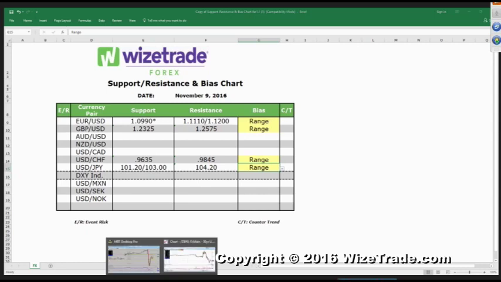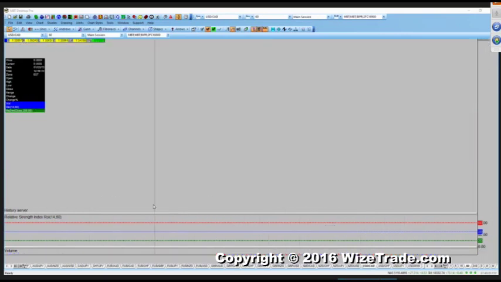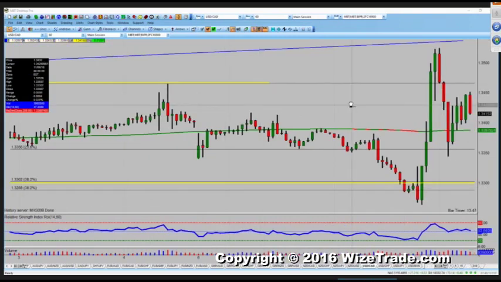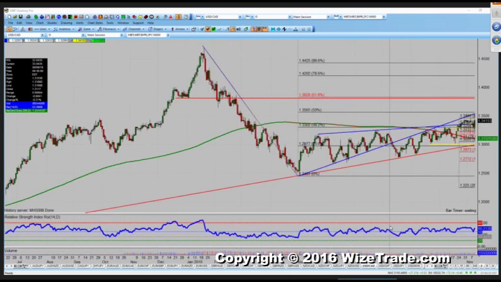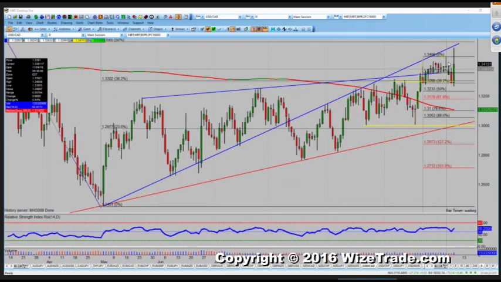Let's take a look at the dollar Canadian. Now the dollar Canadian originally rallied, obviously on the Trump victory, as people came in and sold the Canadian. Now, notice how we came right up and challenged this trend line. We've had this drawn out for quite some time, so that's obviously very key resistance.